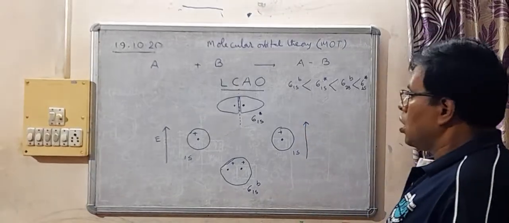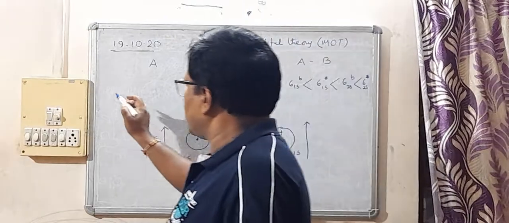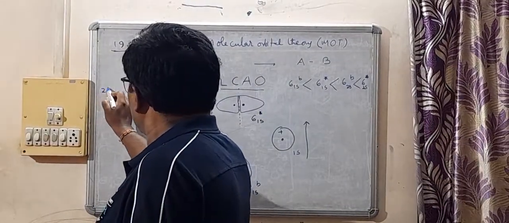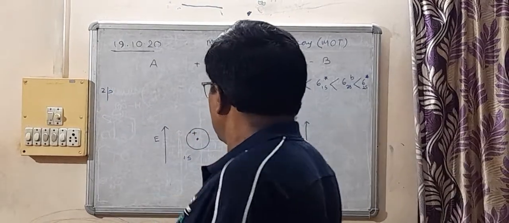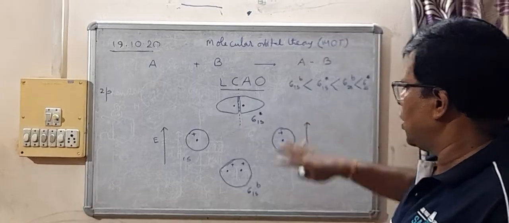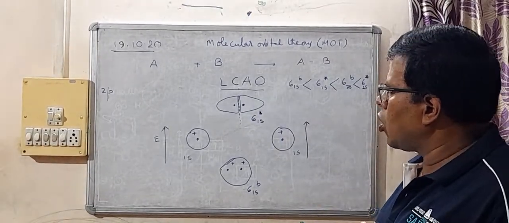Okay, now let me take up the case of 2p. When 2p of this atom combines with 2p of this atom, what sort of molecular orbital will form?